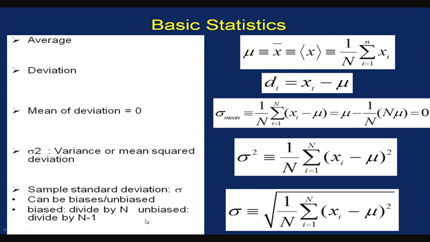If we want to use unbiased estimate, we should divide it by n minus 1. If we have a large number of readings, typically more than 30 or so, it does not make much difference whether we divide this by n or n minus 1.